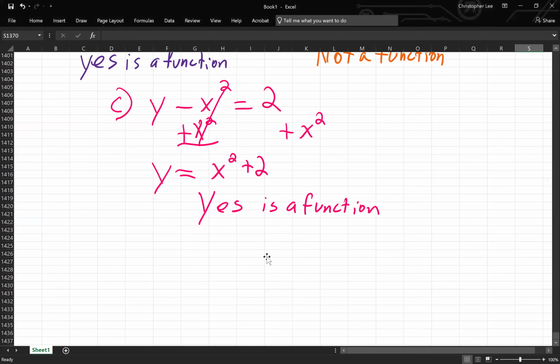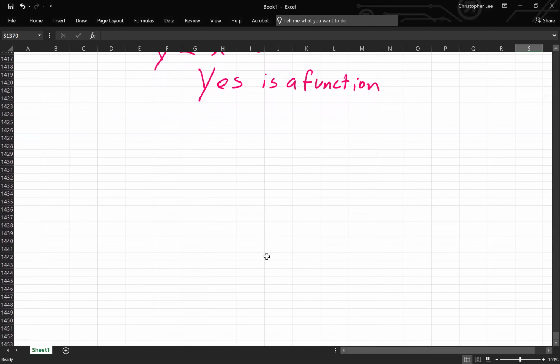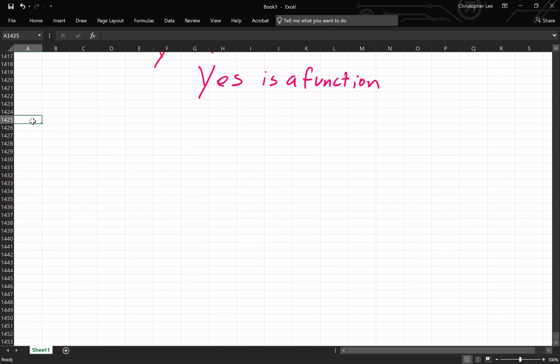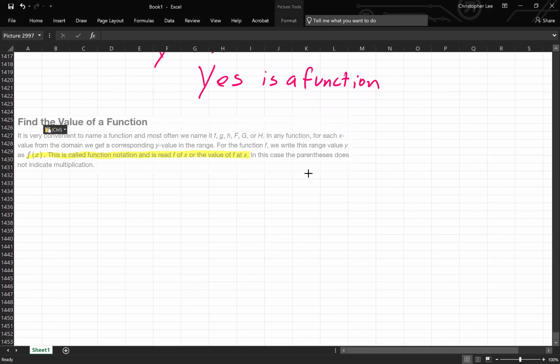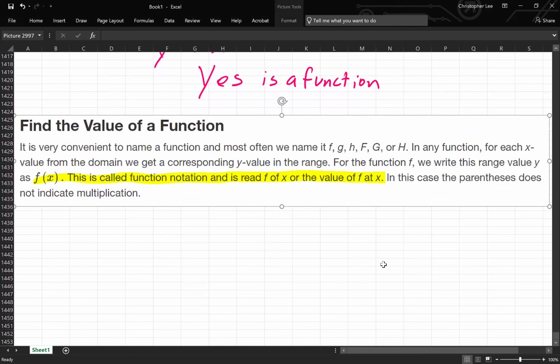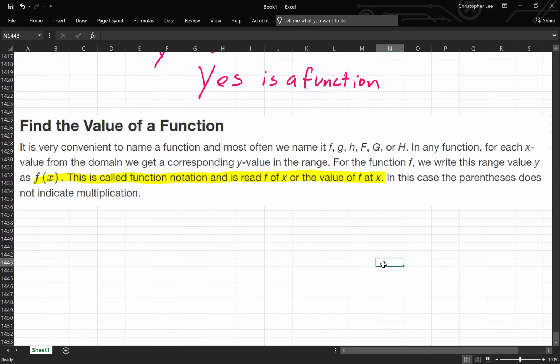So I just want to build a little vocabulary real quick before we jump into anything more complex. The next idea that we're going to wrap our heads around is finding the value of a function. It is very convenient to name a function, and most often we name it f, g, h, or capital F, capital G, or capital H. In any function, for each x value from the domain, we get a corresponding y value in the range.